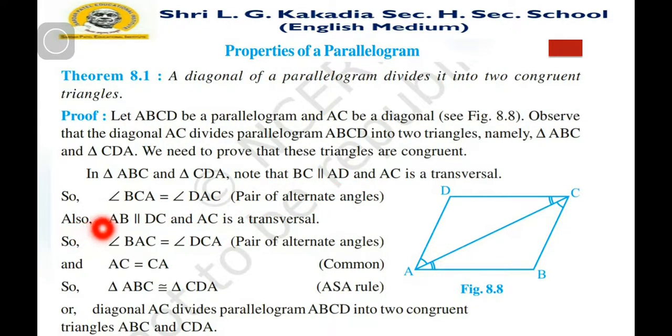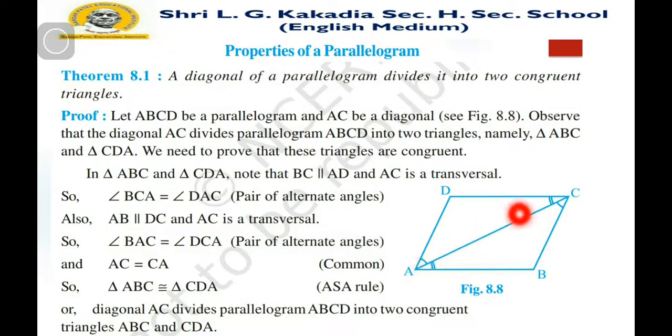Also, you can see that AB is parallel to DC, and AC is a transversal. So angle DCA and angle BAC are equal, a pair of alternate angles.